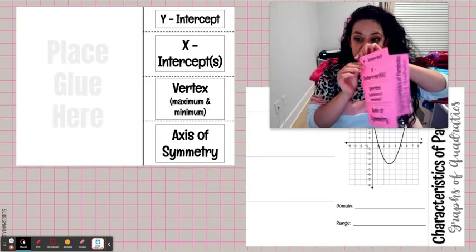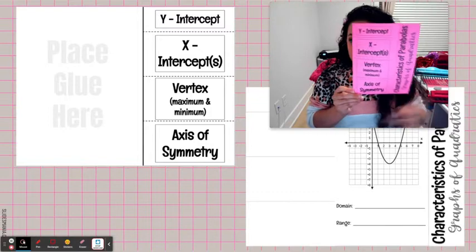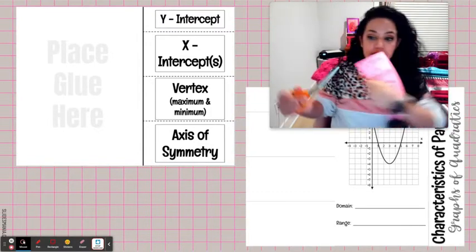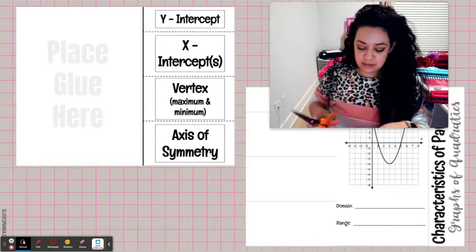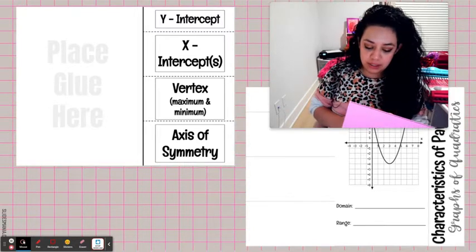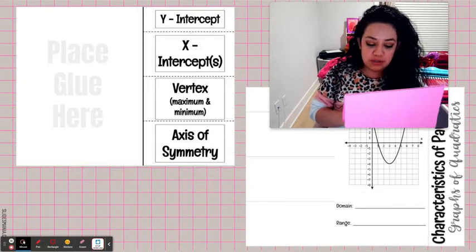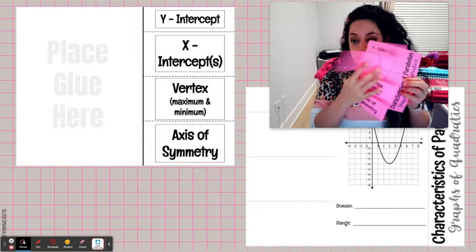If you printed it out, you're going to fold right here, to where it lines up right here. And then you're going to take your scissors and just cut the dashed lines all the way to make your flaps.